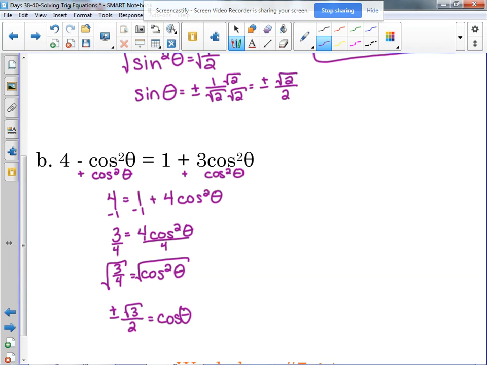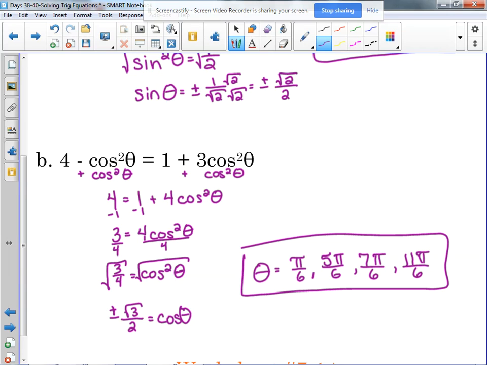So for cosine, the x-coordinate of the square root 3 over 2 is at our pi over 6 angles, and this is plus or minus, so we need them all. Pi over 6, 5 pi over 6, 7 pi over 6, and 11 pi over 6. So because of that squared, normally we have 2 answers.